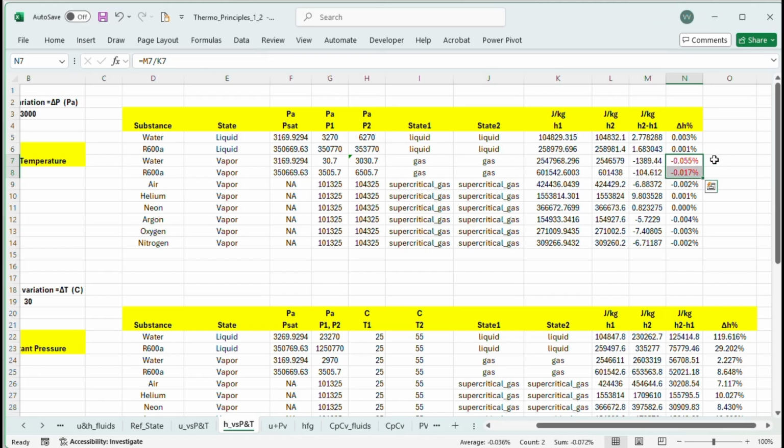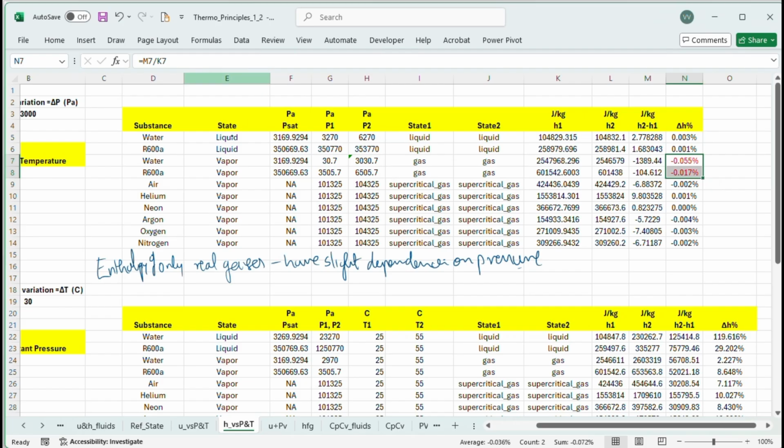Okay, it's still not too much, but we could say that the enthalpy of only real gases has a slight dependence on pressure.